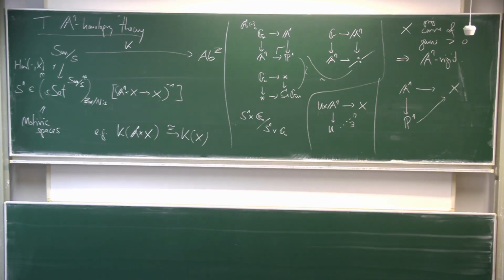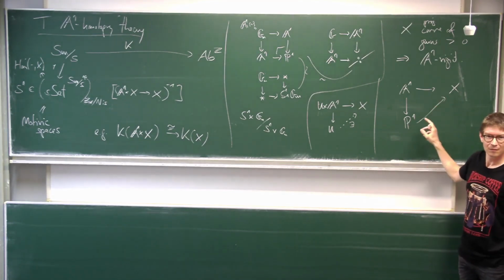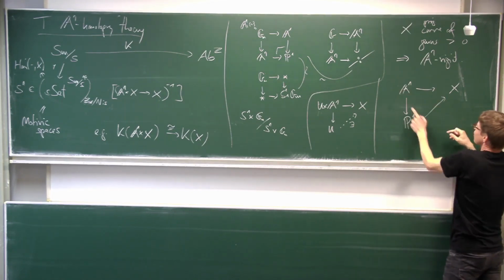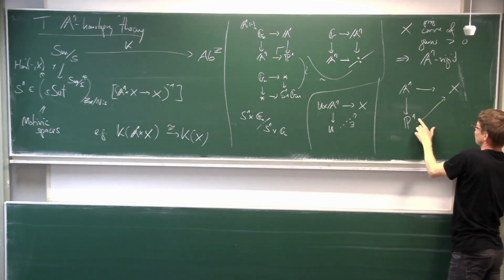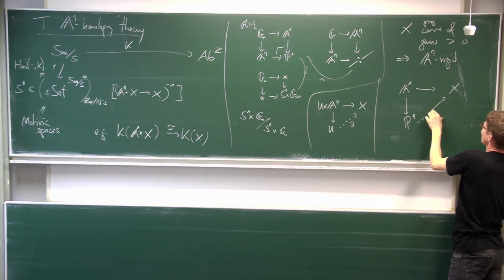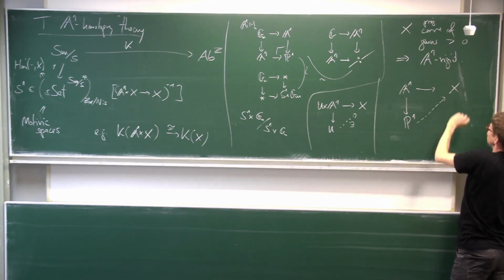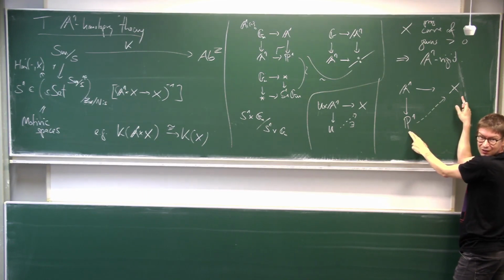And where does this map now come from? Okay, I just gave the argument with a point here. If you take a point, then this would be an instance of such a lifting diagram, and there it already fails for a curve of genus bigger than 0 because we don't have maps from lower genus to higher genus.